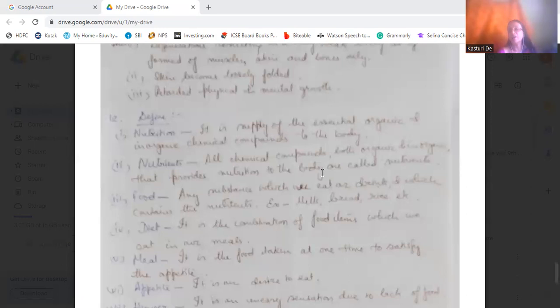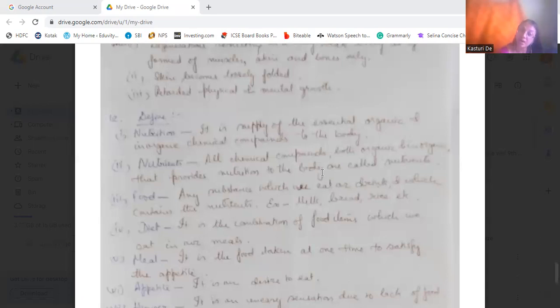Diet is the combination of food items which we eat in our meals. All items which can be eaten or drunk are called food. So the food items that are consumed in one meal, that is called diet.